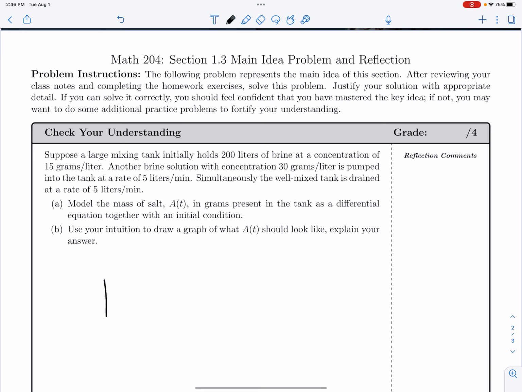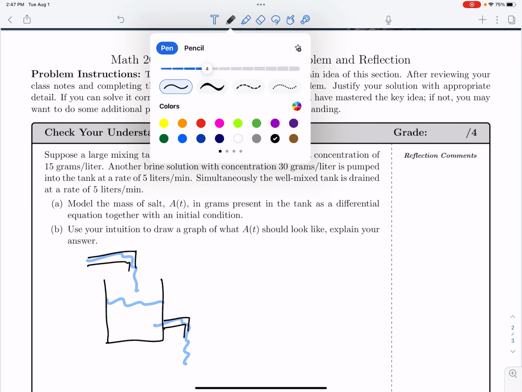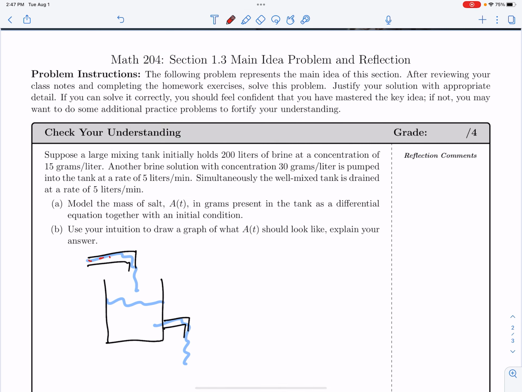Okay, so if I think about the situation here, I have a tank with some water in it. There is a brine solution that's being pumped into the tank, and the tank is also being drained out. You can think that there's some brine coming in, there's some brine in the water, and then there's some brine coming out.